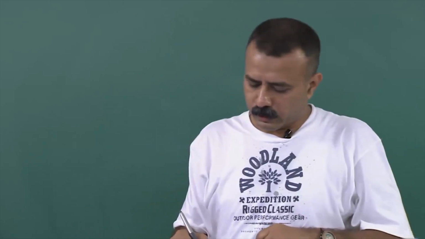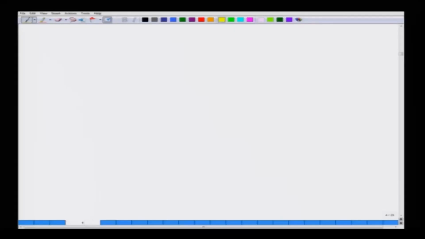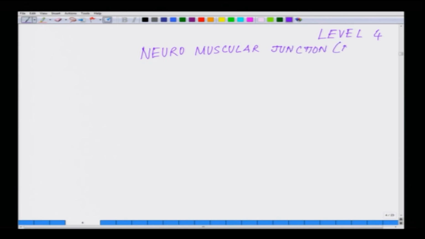So, this is now where we are moving into level 4 of this circuit, the neuromuscular junction. In short, it is also called NMJ.